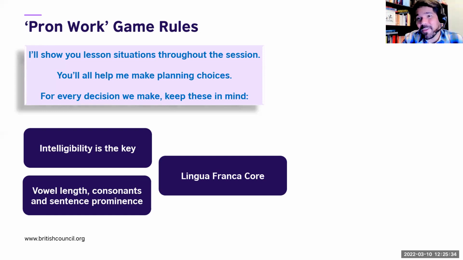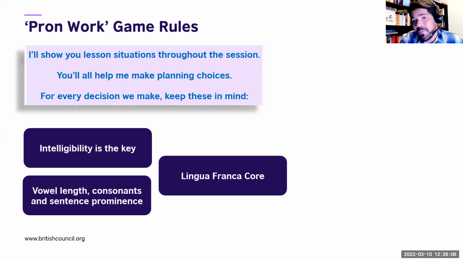You are leaving ideas on my Padlet on how to work receptively, how to help learners listen to specific features better, how to help them decode whole messages better, but also to help them produce specific features better. Features that are important for international intelligibility, and that's why I'm showing and mentioning the Lingua Franca Core.